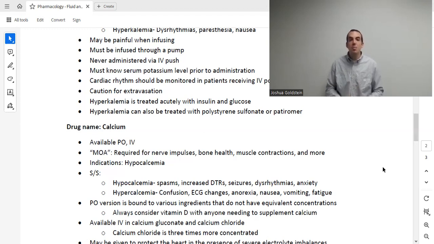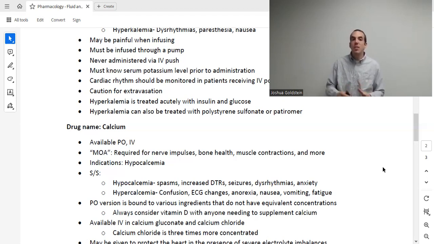So what are the signs and symptoms? It's going to be very focused on muscle and neuro. So signs and symptoms for hypocalcemia are going to be muscle spasms, increased or hyper DTRs, seizures, and again, dysrhythmias and anxiety. On the other hand, if I have hypercalcemia, that can cause confusion, ECG changes, and other GI symptoms, anorexia, nausea, vomiting, etc. Again, I would definitely know this.